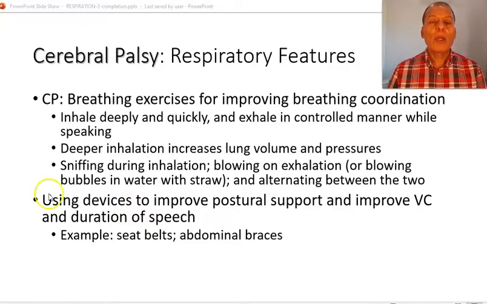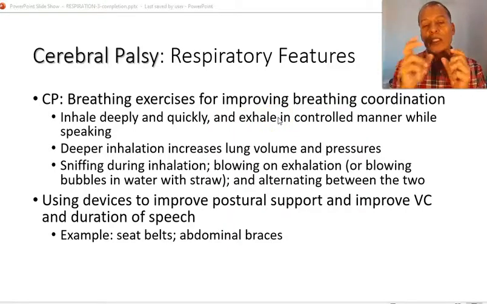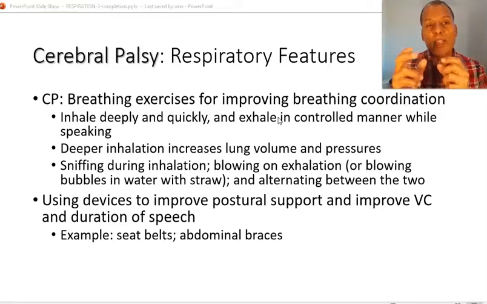Another kind of strategy or technique that we use is breathing exercises, and these breathing exercises improve breathing control and also improve the coordination, so that the inhalation exhalation cycle can have a better rhythm.